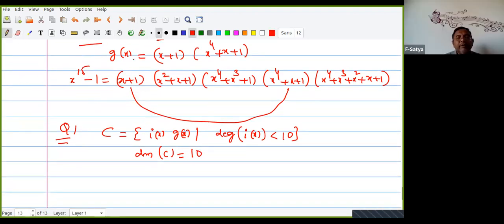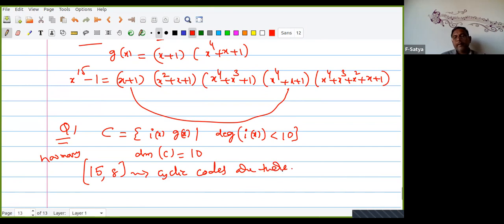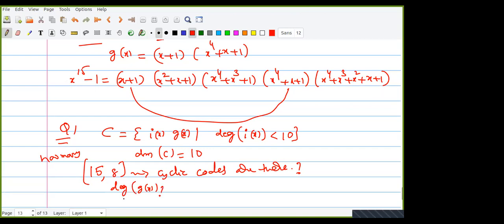Now forget about the g of x. I'll ask another question. How many (15, 8) cyclic codes are there? My cyclic code is (15, 8), so what is the degree of g of x? 7.